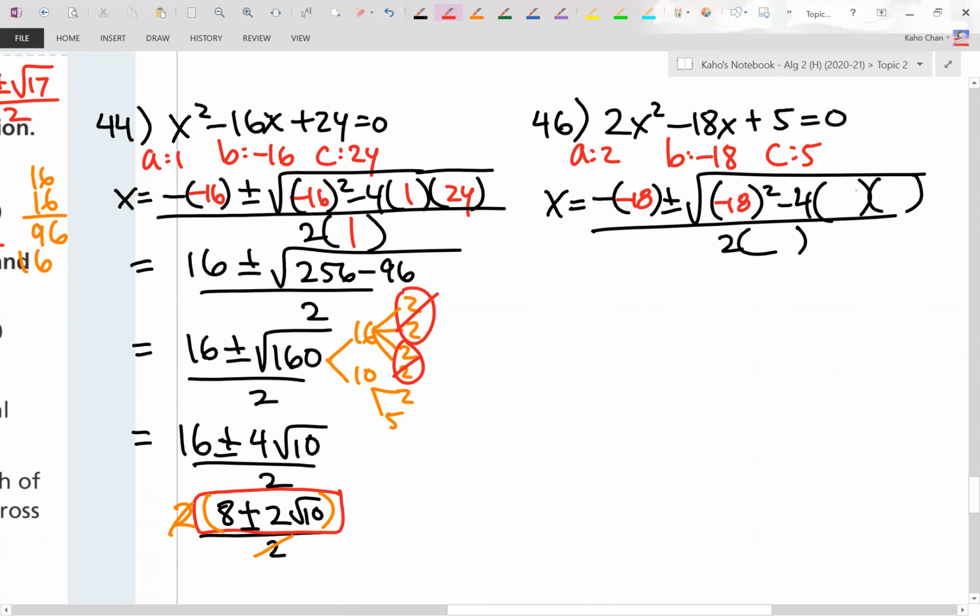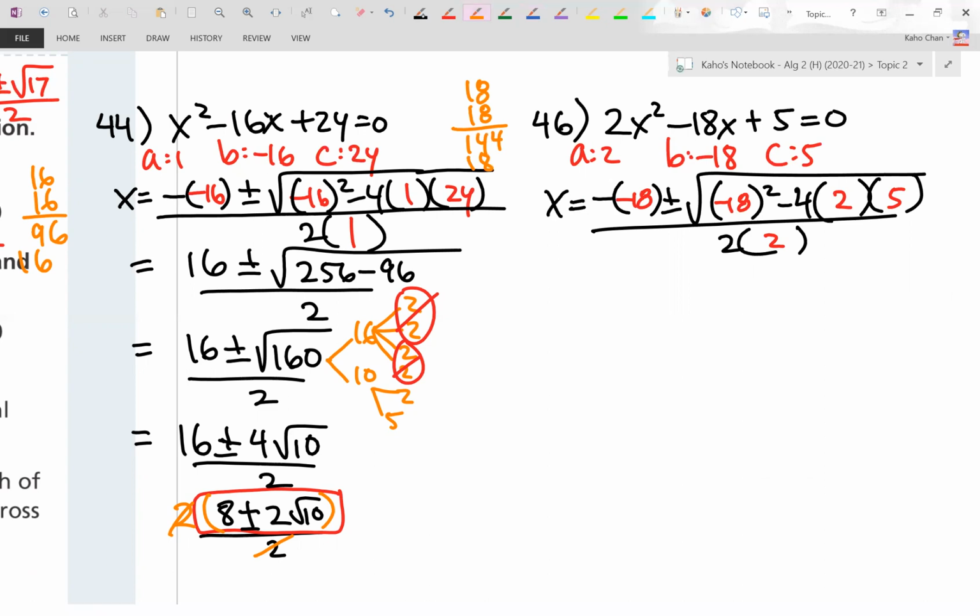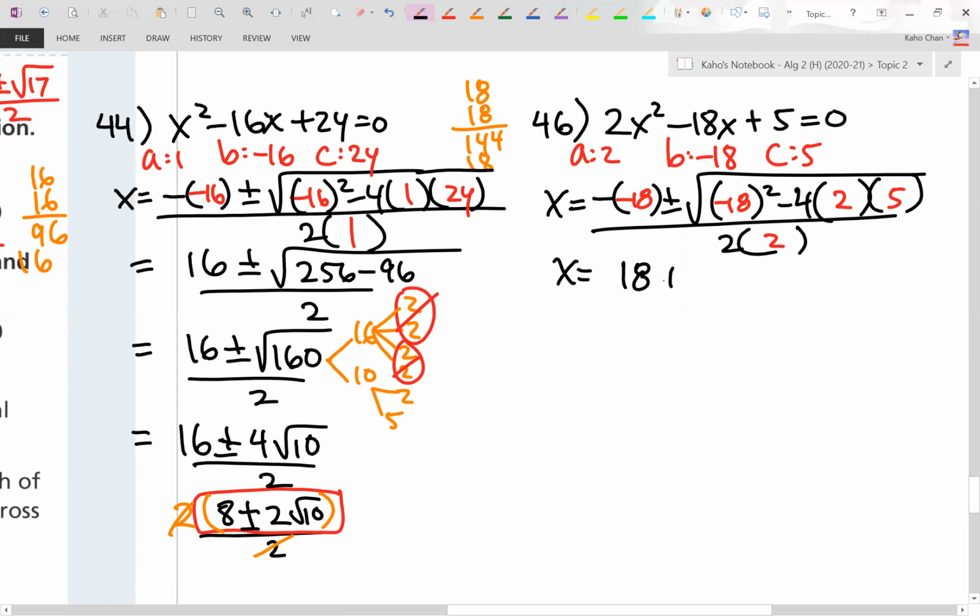It looks like I'm going to have to multiply 18 times 18. Can't do that in my head right now. Kind of tired. What is 18 times 18? 324. Okay, works for me. 840.